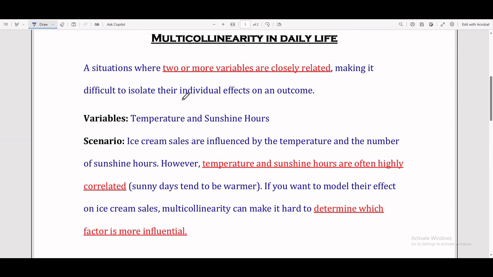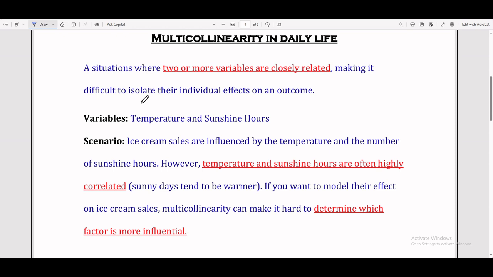We cannot isolate or separate their individual effects. In the presence of multicollinearity it is very difficult to check how x1 or x2 separately affects the estimate of the dependent variable y.